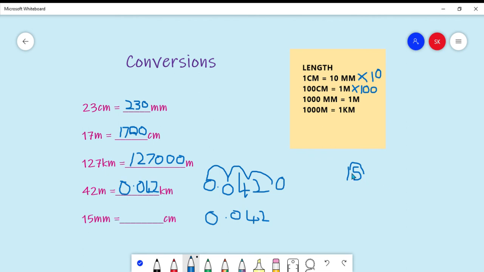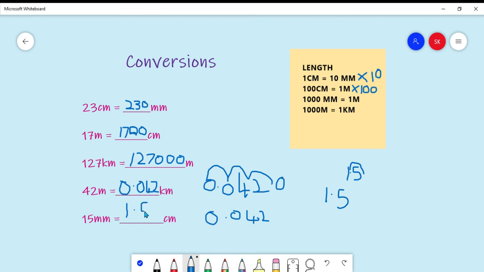Once we divide, one movement is divide by 10, then another movement will divide by 100, and so on. But all we need to do for this question is just divide by 10. So we've done one movement, so the decimal point will move here to give us an answer of 1.5. We'll write it down in the space below.